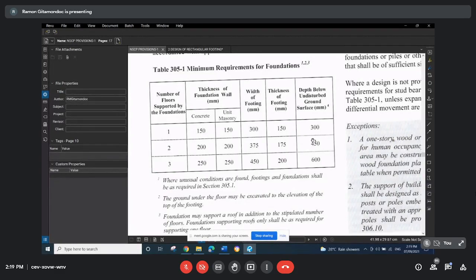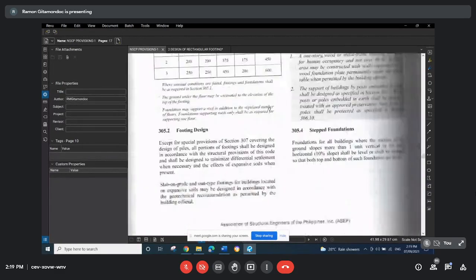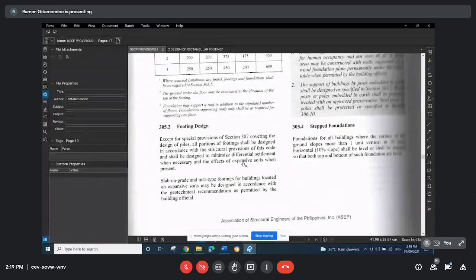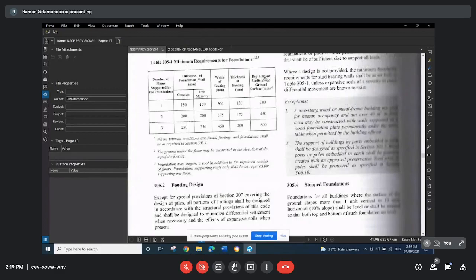So these are just guides, no. They always have to be checked based on actual site conditions, because for example, if the depth below undisturbed ground surface is only 450 and there are two floors supported, 450 might still be too close to the surface. Example, if you are in a reclaimed rice field, then this is not appropriate, no?